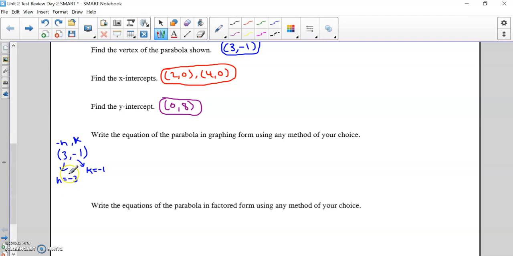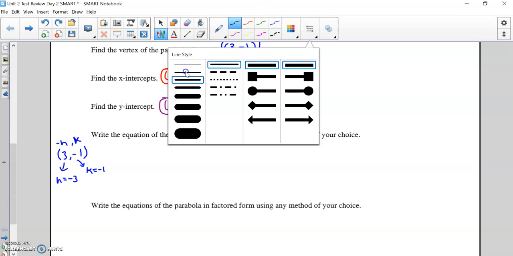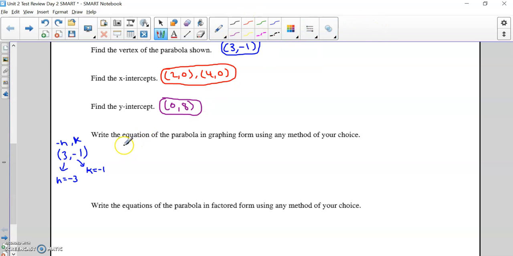Okay, and h is -3 because you always got to take the opposite sign of the x value. All right, so we also know that the general form of a quadratic equation in graphing form is this: y equals a times x minus h squared plus k.